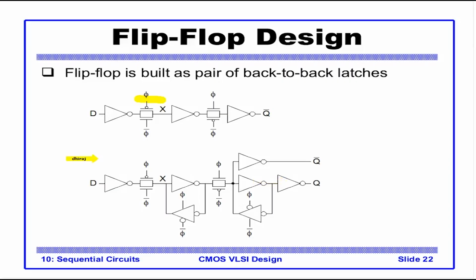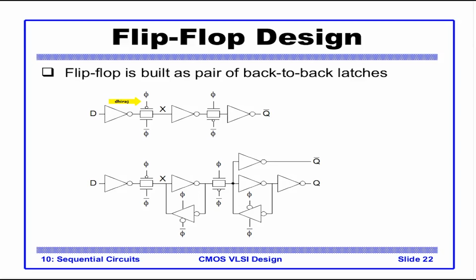Now let's see what happens when the clock is stable low or stable high. When the clock is stable low, stable 0, let's see the first case from D to X. What happens from D to X?